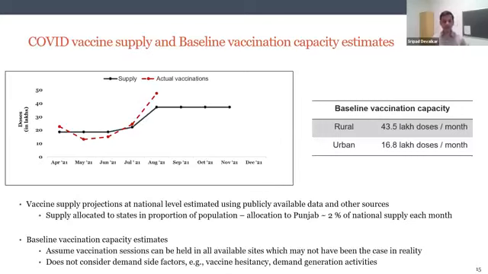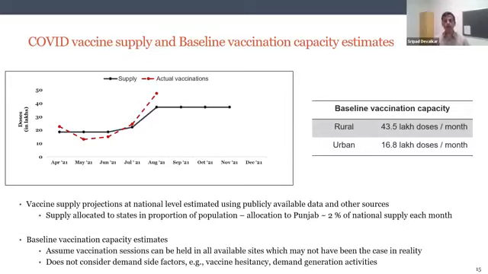Now, I would like to give some caveats in terms of these vaccination capacities that we've estimated. It has a fair bit of limitations, right? So in our estimate of the vaccination capacity, we've assumed that vaccinations can be conducted in all possible sites. What this essentially means is, all of the sites that are available for routine immunization, like public health centers, urban health centers, community health centers, sub-centers, one could potentially hold a COVID vaccination session if all the other resources were available.